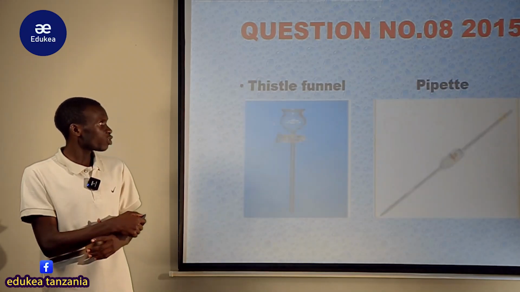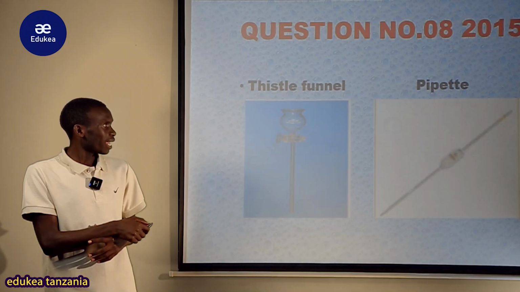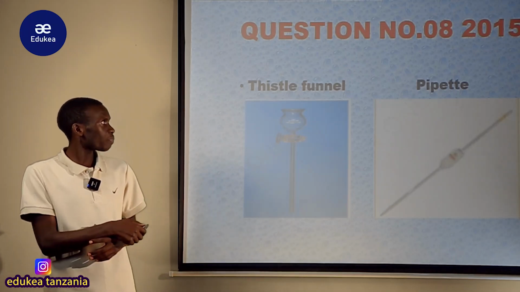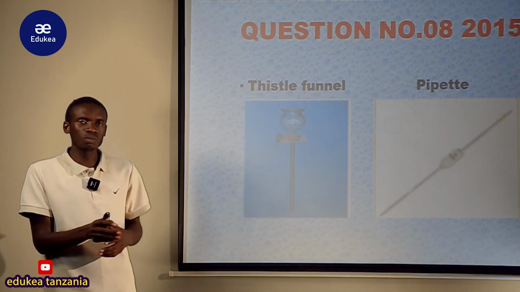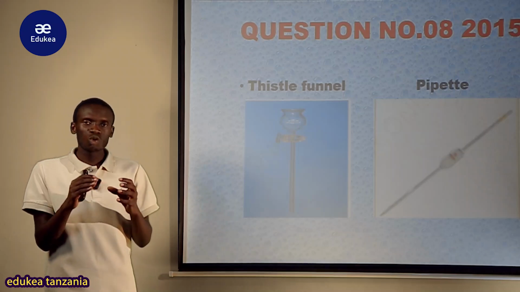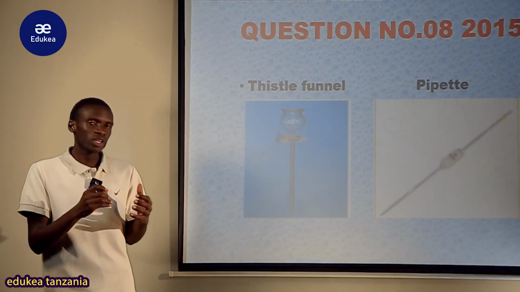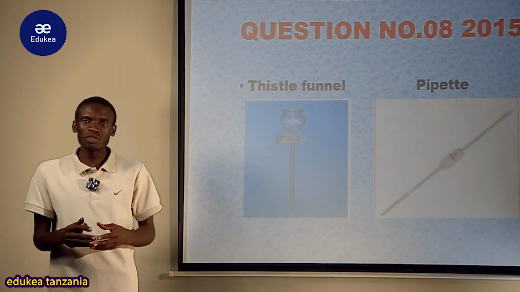And the Thistle funnel is this, hii ndo Thistle funnel, na hii ndo pipette. Pipette ndo hii hapa, na burette ni hii hapa. Kwa hiyo hii ndo inatumika kuadd reagent kwenye flask, na hii huwa inatumika kumeasure specific volume.